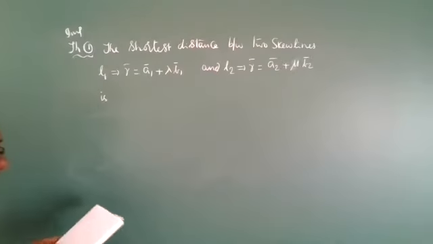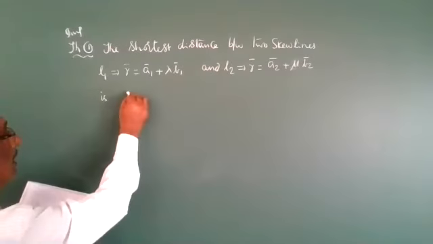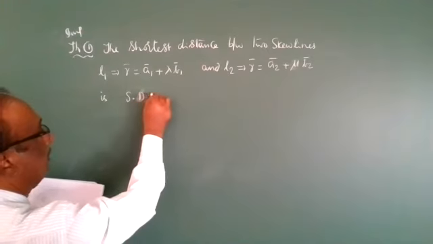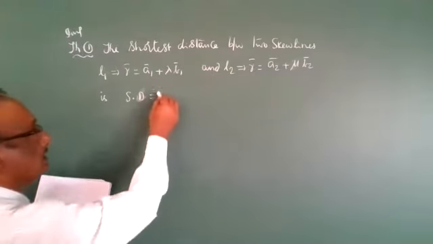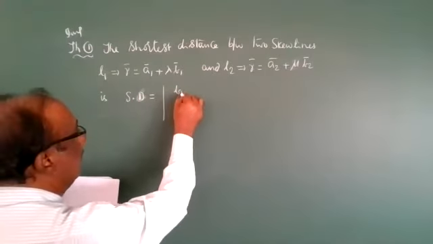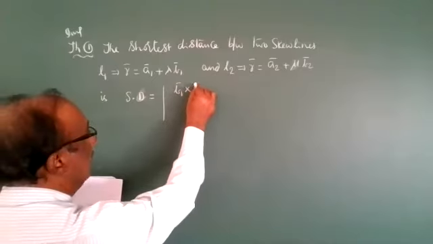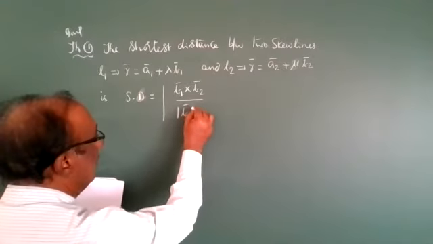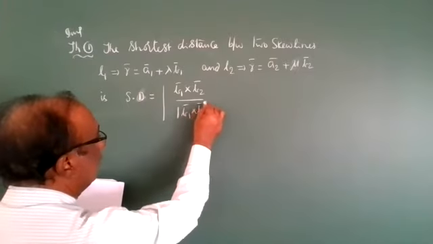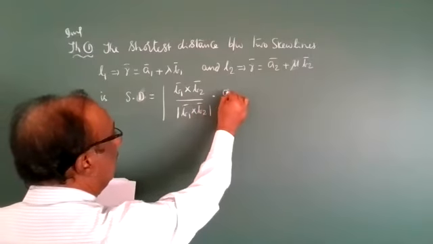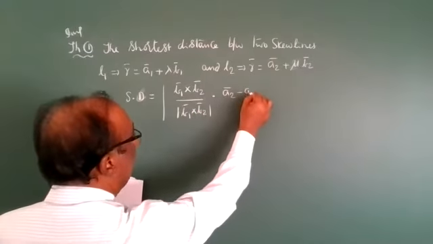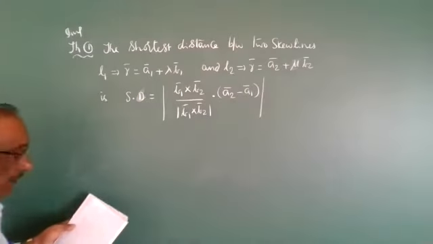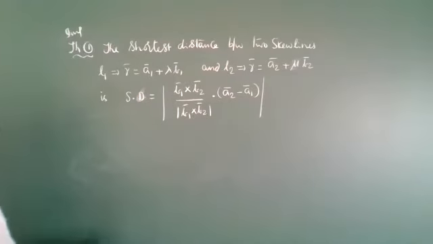So the shortest distance in the vector form is given by the formula: B1 bar cross B2 bar by modulus of B1 bar cross B2 bar, dot A2 bar minus A1 bar. That is the shortest distance.